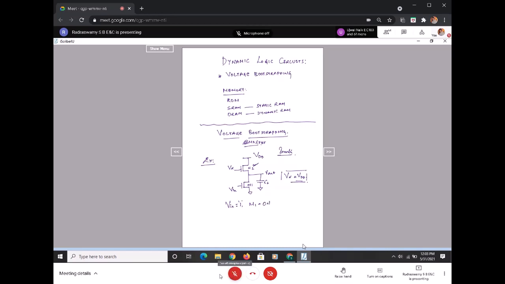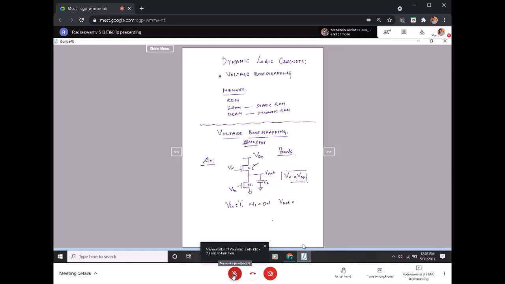It is on. When it is on, what will be my V out, that is the voltage across the capacitor?